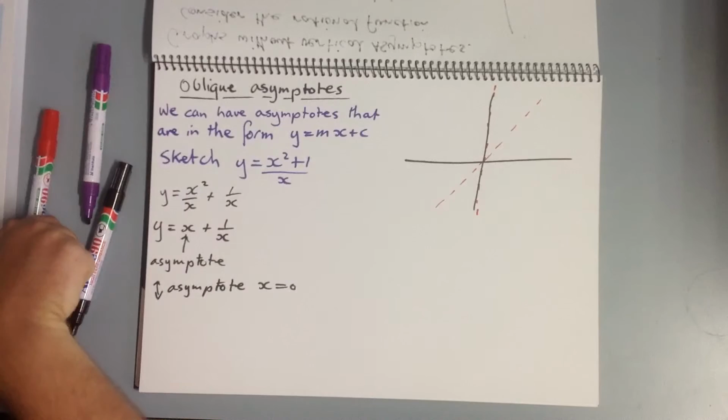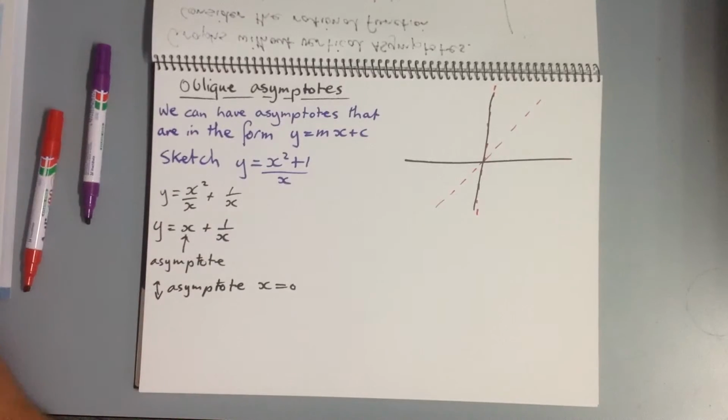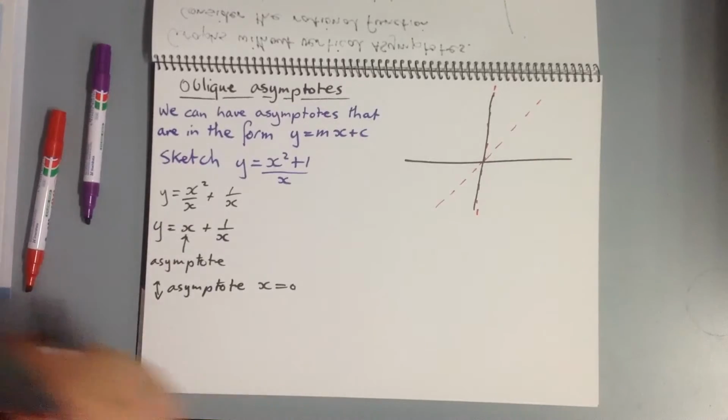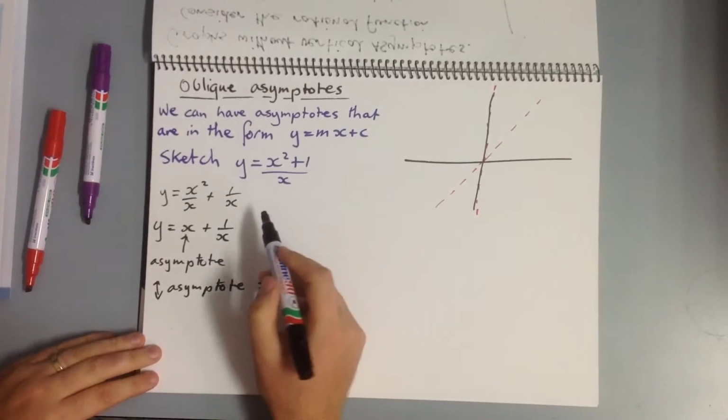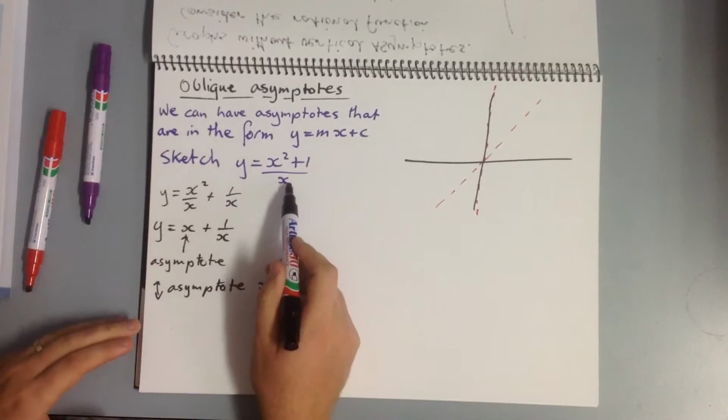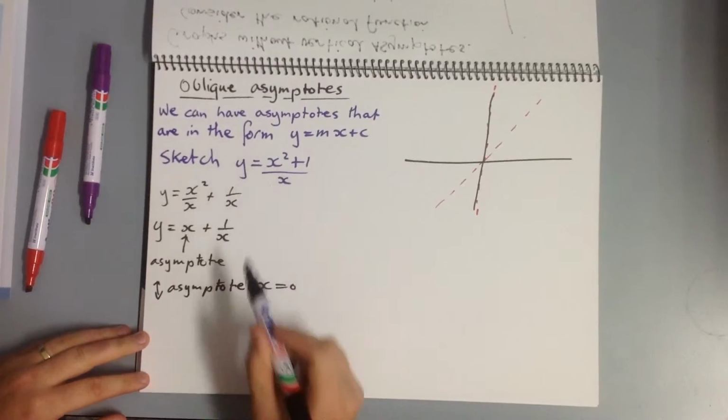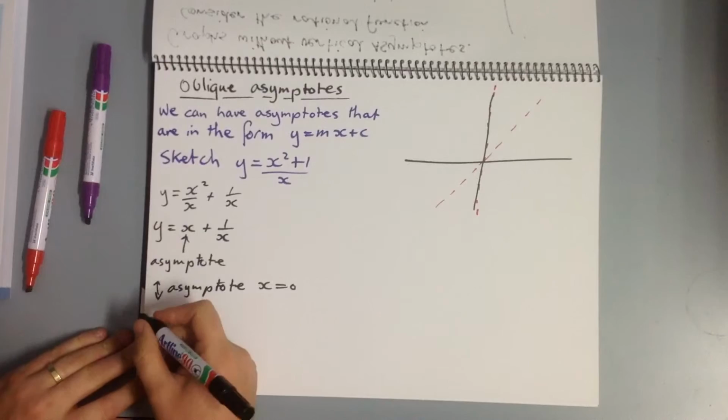So then we can look and go, well, we've already got our vertical, we've already got our oblique asymptote, so we need to work out our x and y intercepts.